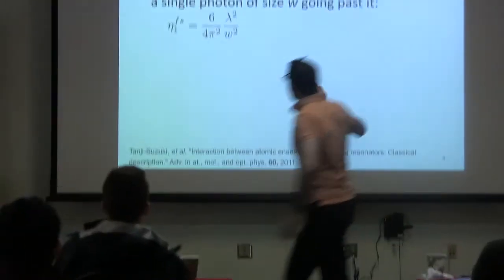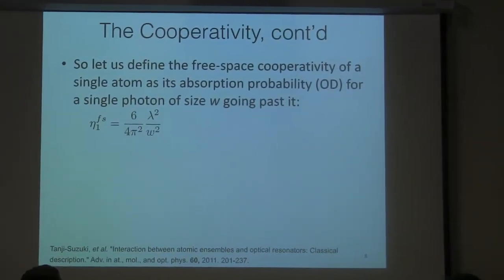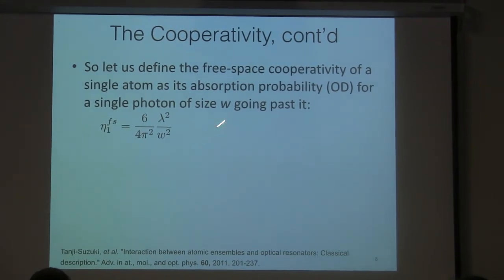Okay, but what's the fundamental point here? The probability that a single atom absorbs a single photon of size W going past it is what I call the single particle cooperativity. And there's this extra factor of 6 over 4 pi squared, because it turns out the cross-section of the atom isn't lambda squared, it's lambda bar squared, more or less. But essentially, this is the probability that an atom absorbs a photon that goes past it.